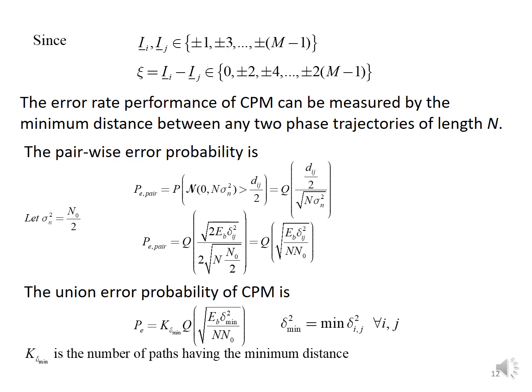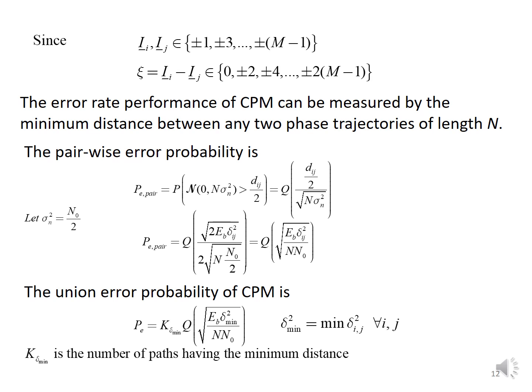Okay, and so finally we have discussed how to detect the CPM signal with the phase trellis. Based on comparing the phase trellis, we can have a detection strategy with path-to-path comparison.